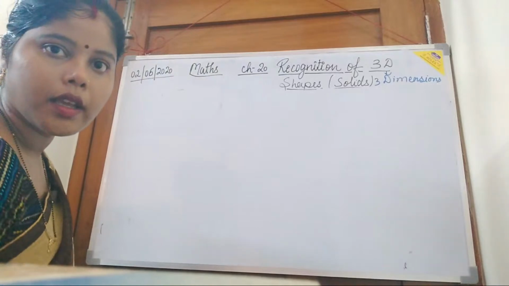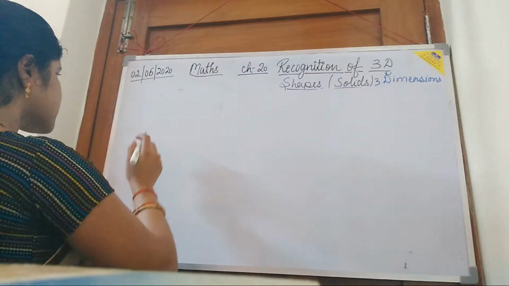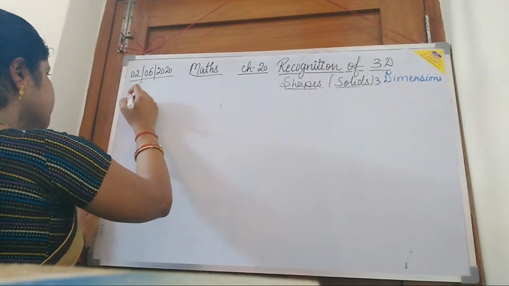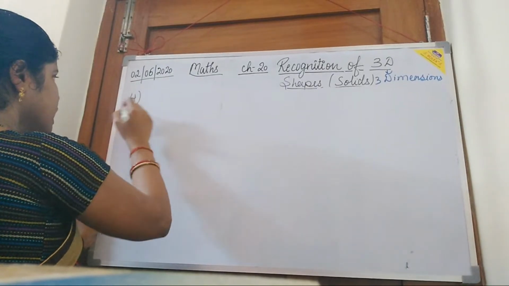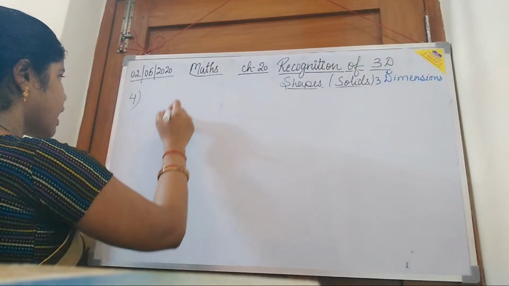Now the pyramid. In pyramid, the first pyramid is a triangular pyramid, a tetrahedron.